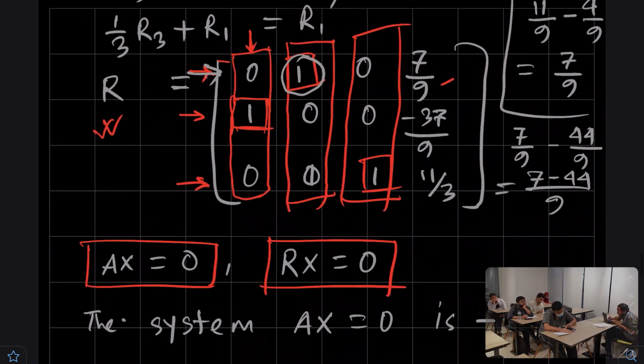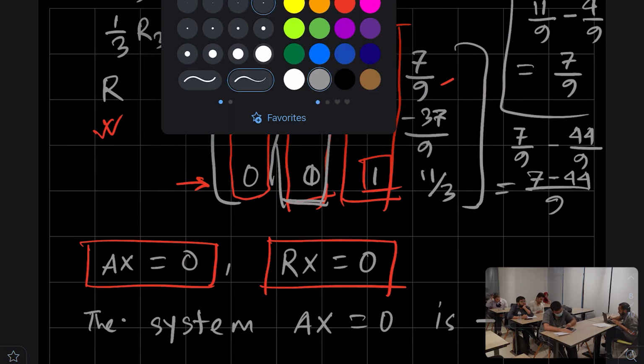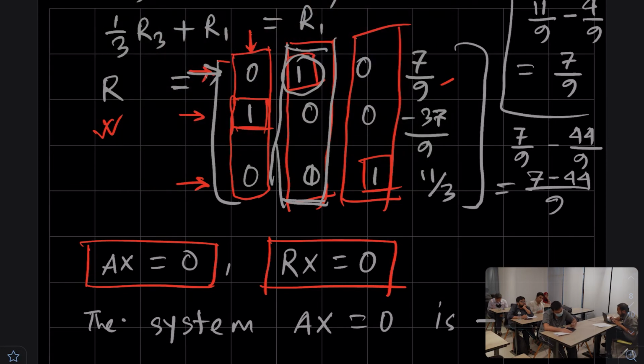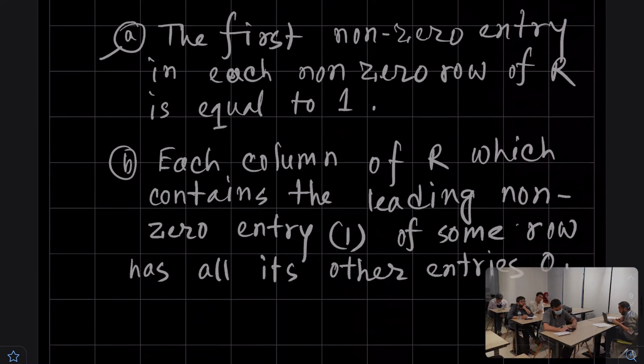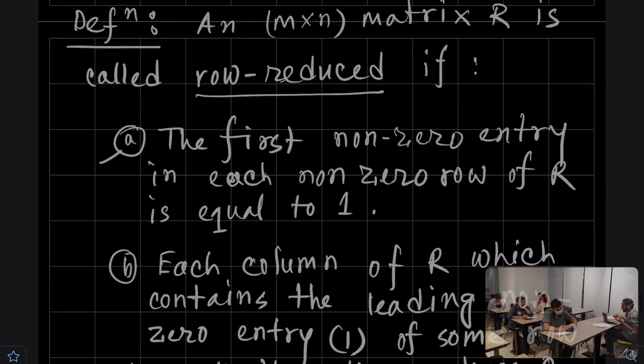Again, as you can see, all the other entries in this column are just 0. Similarly, for the second row, the first non-zero entry is 1 and all the other entries in that column are 0. So that's why these matrices are called row reduced matrices.